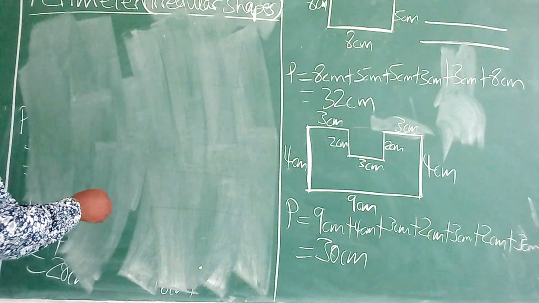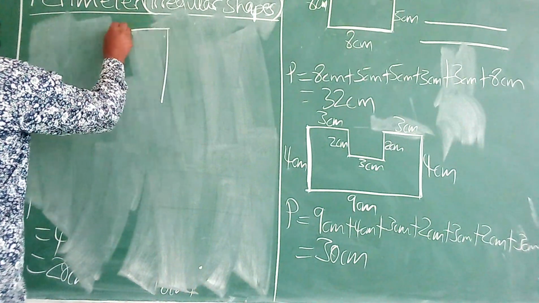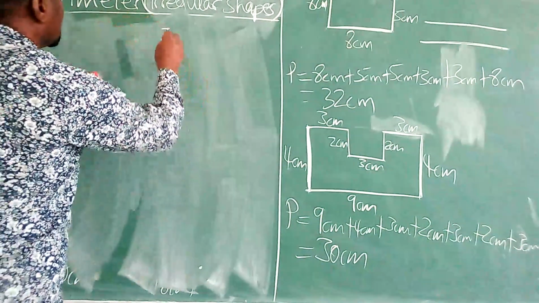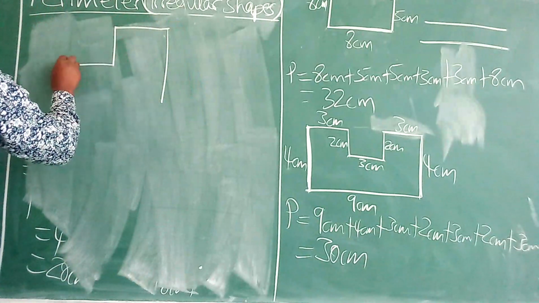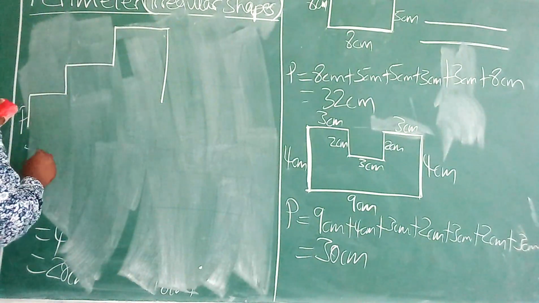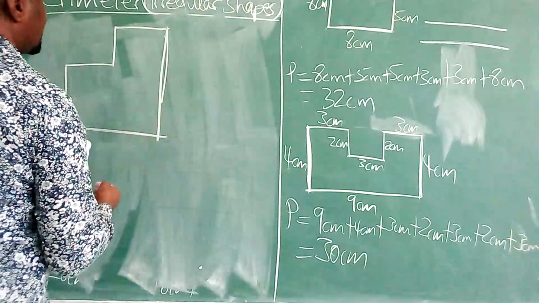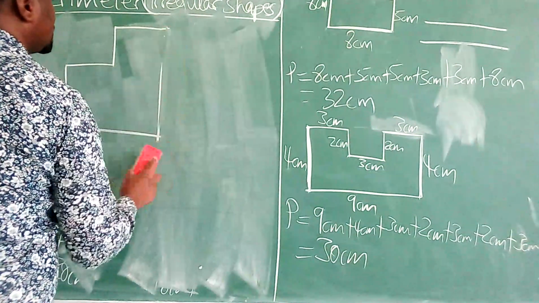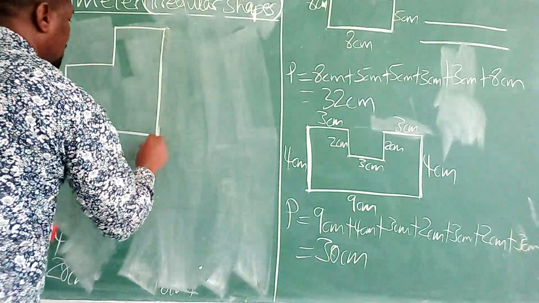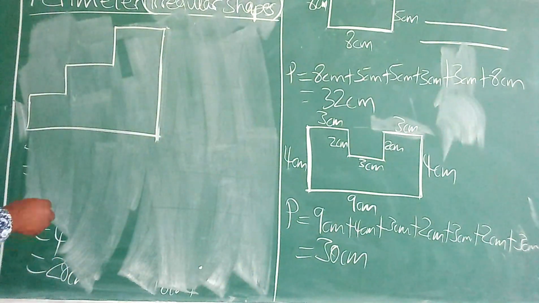If I have this irregular shape, and then let's say here is what?